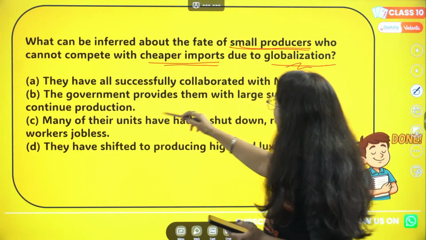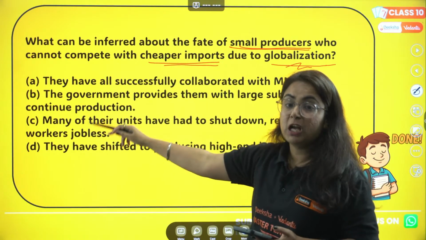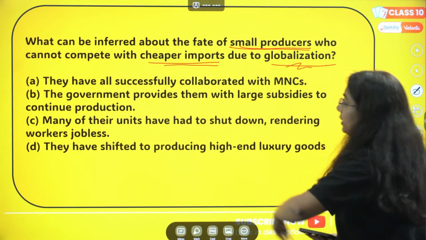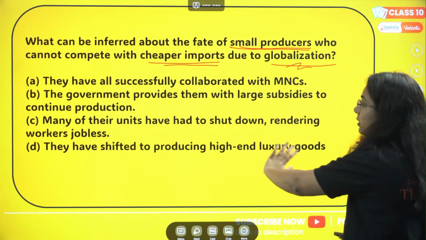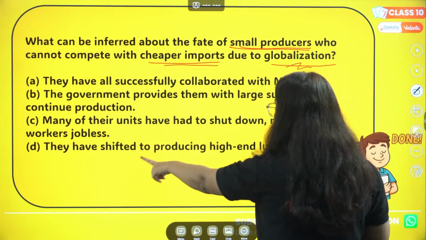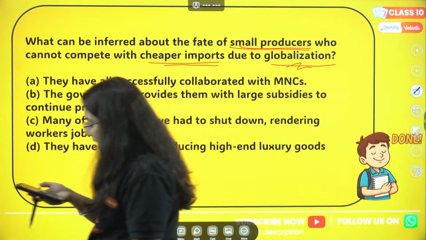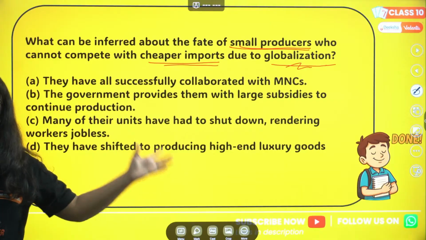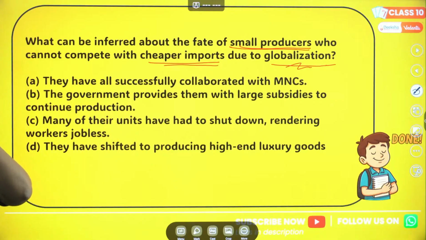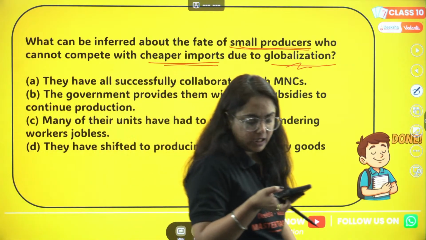B, the government provides them with large subsidies to continue production. C, many of their units had to shut down, rendering workers jobless. D, they have shifted to producing high-end luxury goods. Read it very nicely, focus, and give the correct answer.